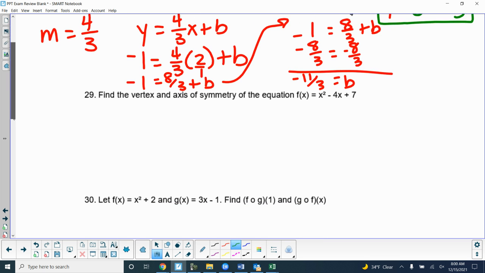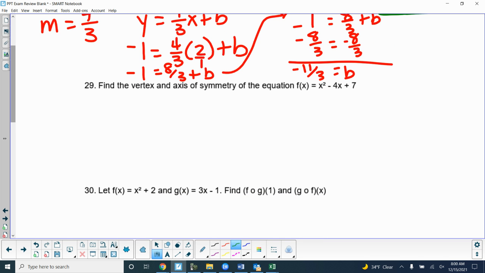All right. For 29, vertex and axis of symmetry. Since it's in standard form for the quadratic, to find your axis of symmetry, use this formula. X equals -b over 2 times a. That's how we're going to find the axis of symmetry.